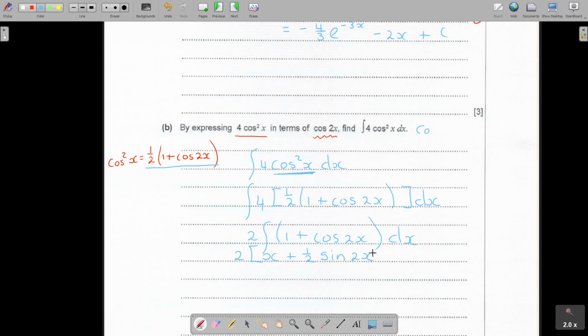And it's very important that you say plus c. Just put the c there. Okay. So basically, my final answer is just going to be 2x. 2 times a half is 1. So plus sin 2x plus c. And that will be my final answer.